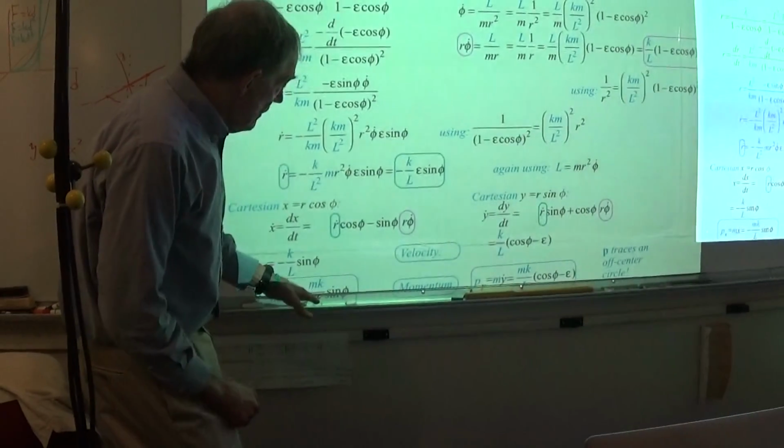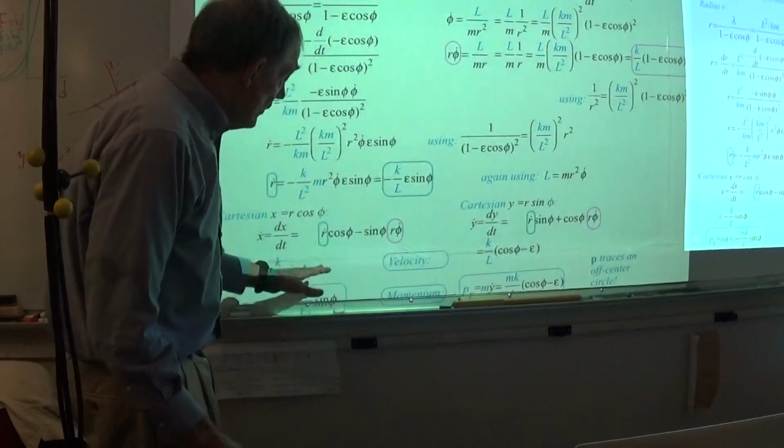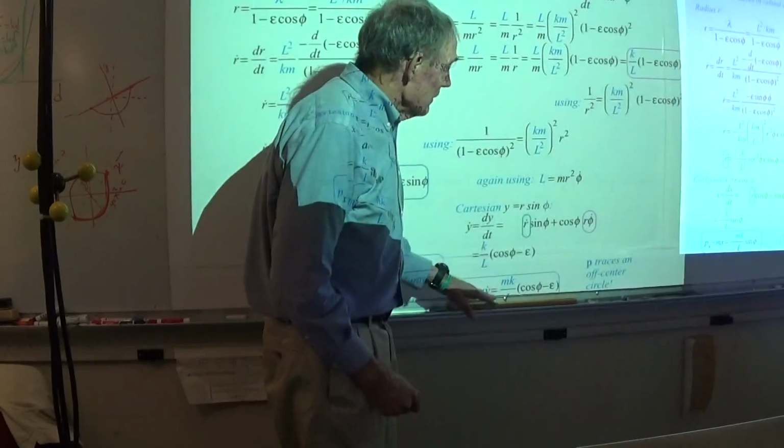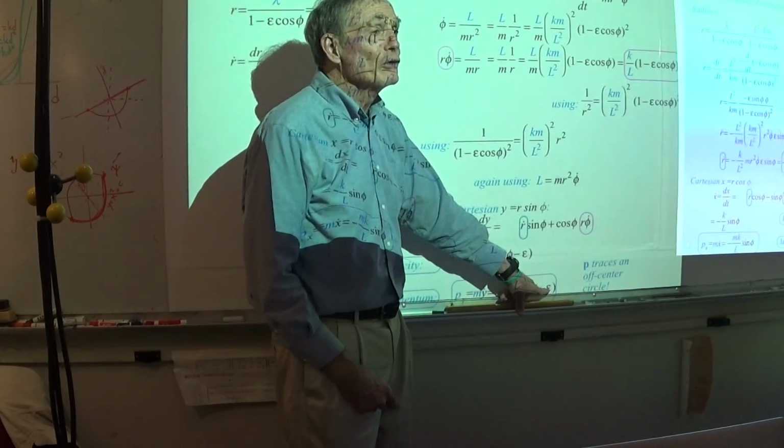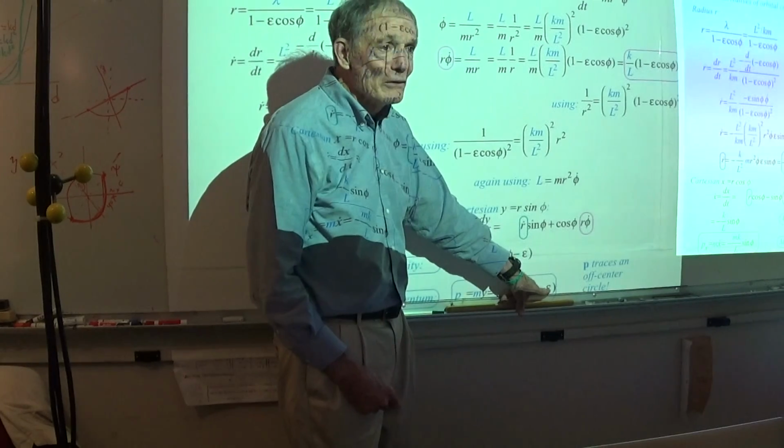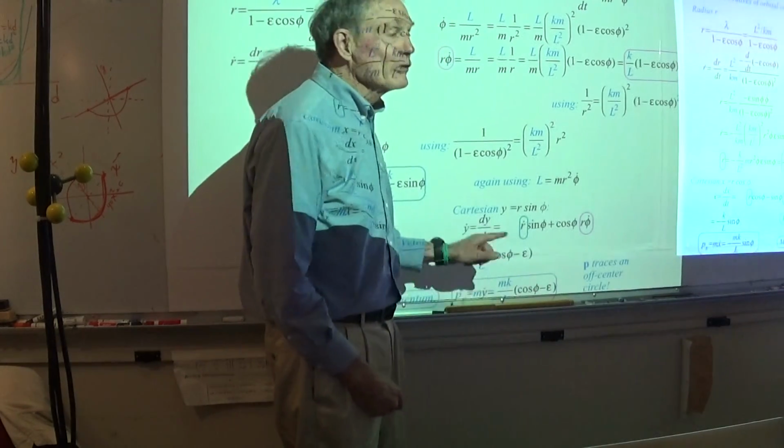There's the mk over L sine, there's the mk over L cosine, but an extra distance here, the eccentricity, whatever that is, and if it's not 0, it's got an off-center circle.